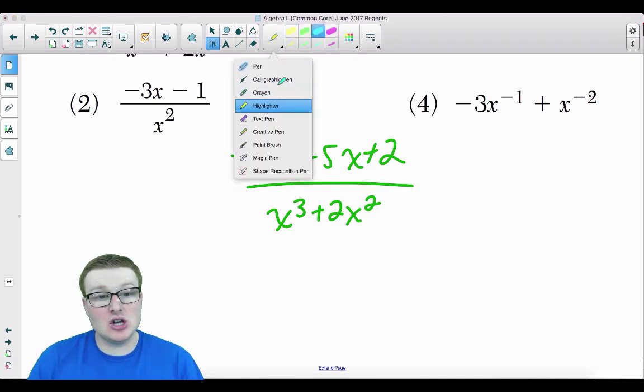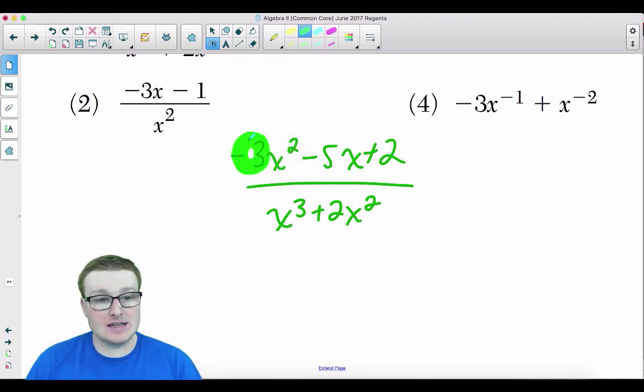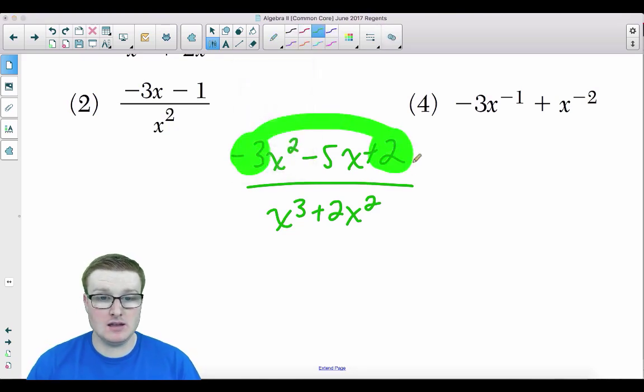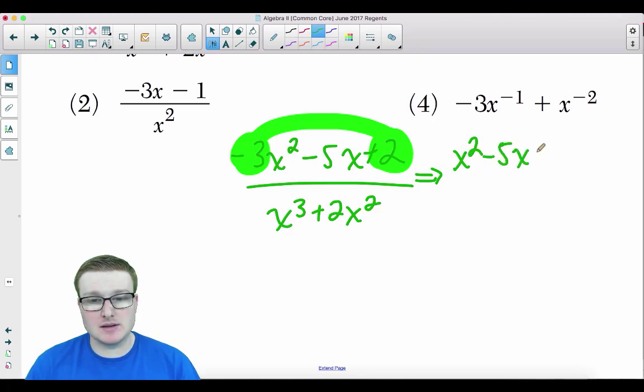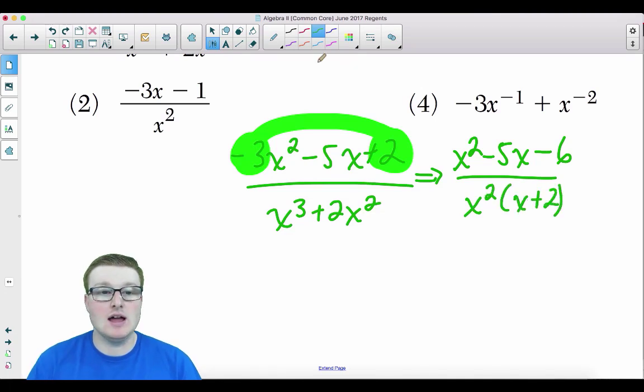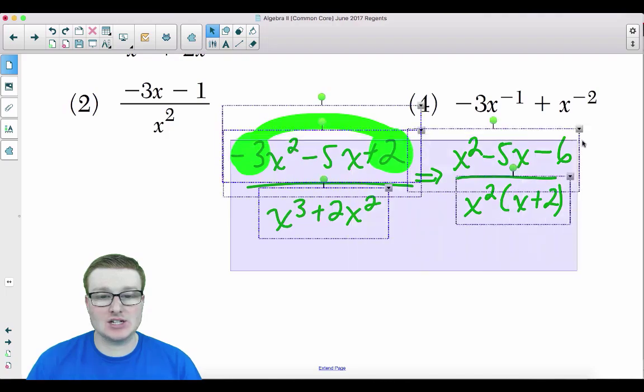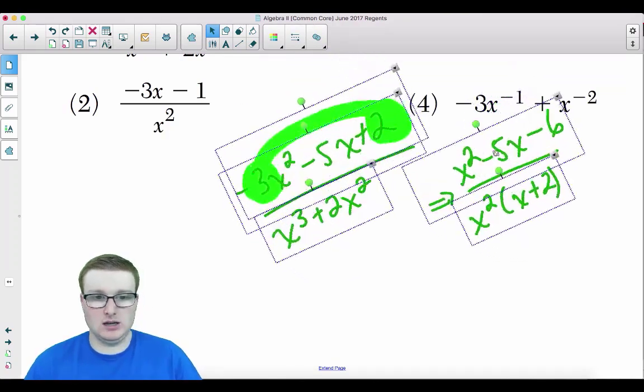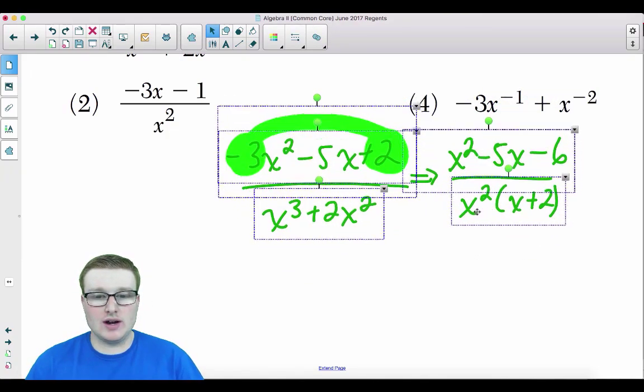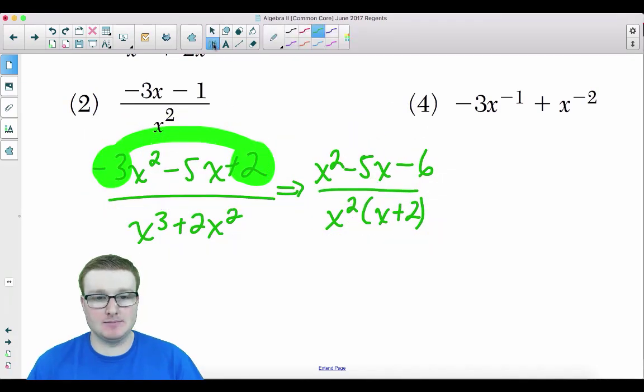Take that negative 3, multiply it to the 2. We get x squared minus 5x minus 6 divided by x squared times x plus 2. That is what you get when you factor out the greatest common factor on the bottom.